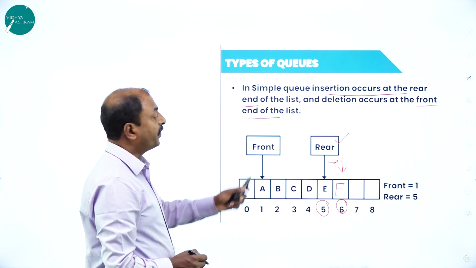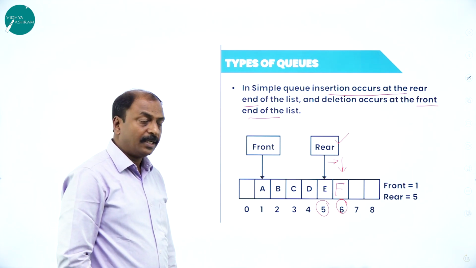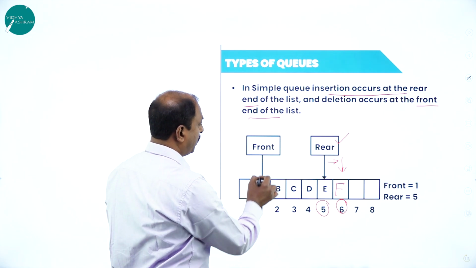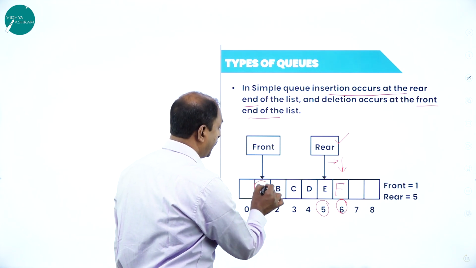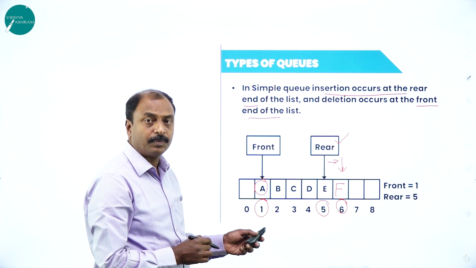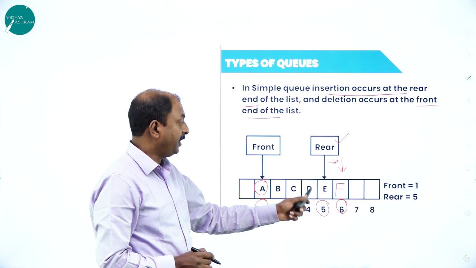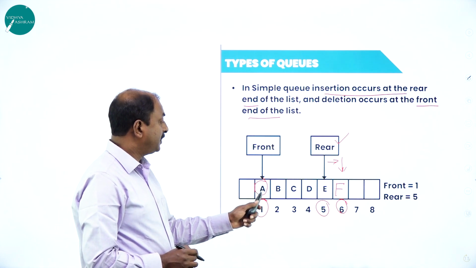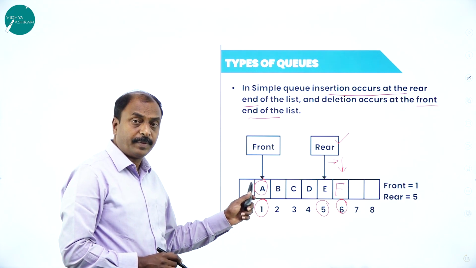Now the front pointer is the pointer where the elements are deleted. In this example, front equals 1, so this is the first element to be removed from the queue, meaning first in, first out. We inserted the elements A first, then B, C, D, E and F. If you want to delete, you have to delete the element inserted first.